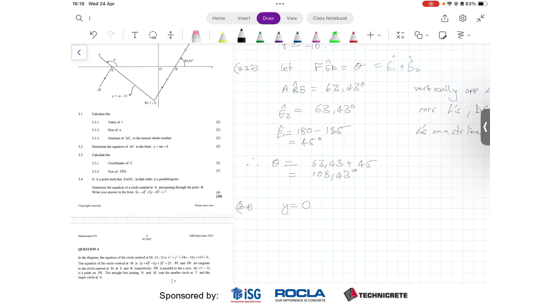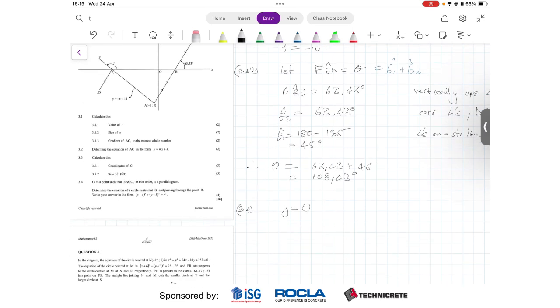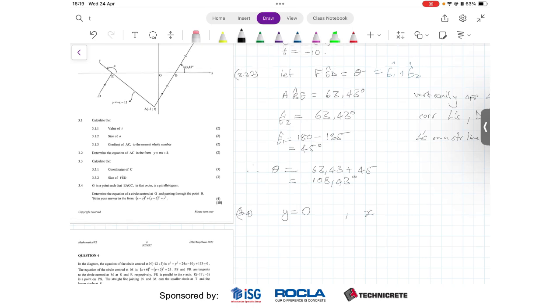We know that the coordinates of E are given by the x-intercept of the equation of AF, and that is x at E is equal to minus 11.